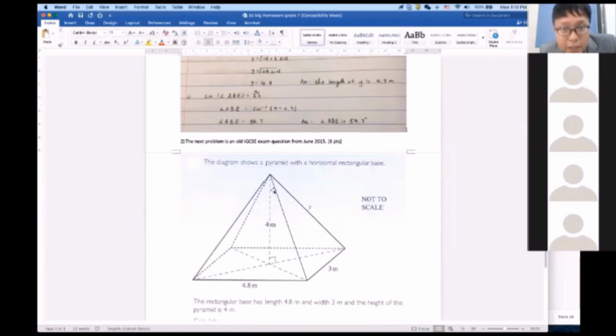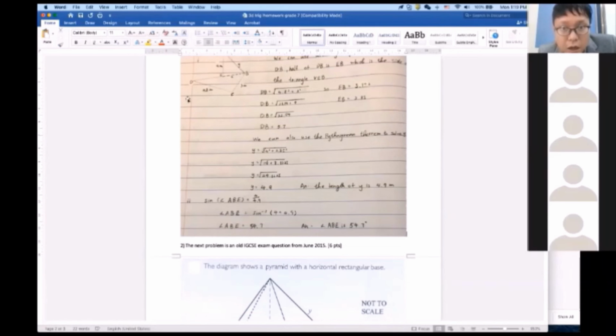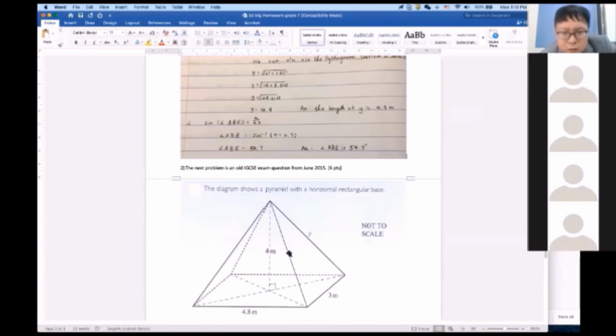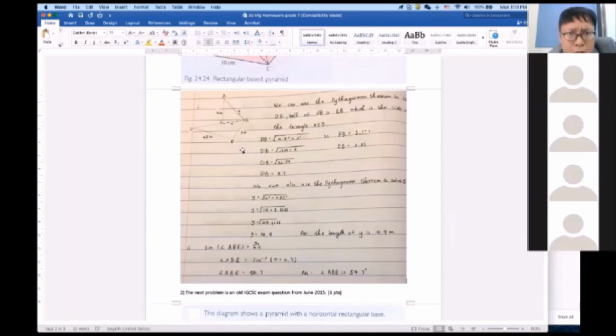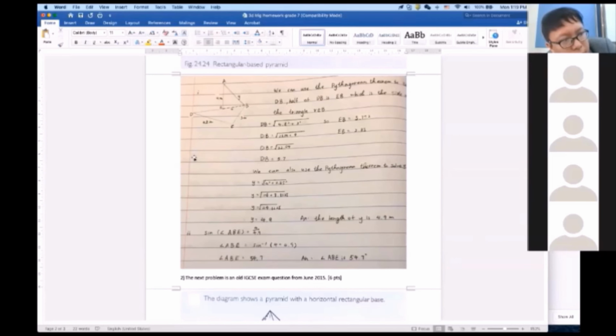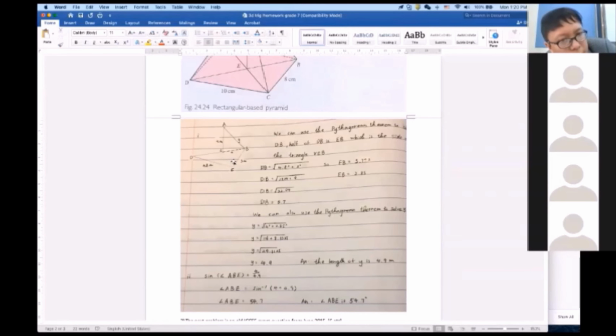Like in the very beginning, I draw it on here. Just a simple one, and this length is y, and you can see the bottom is like a rectangle, which half of it is a right angle, and you can use the Pythagorean theorem to calculate, and the answer of DB is 5.7.